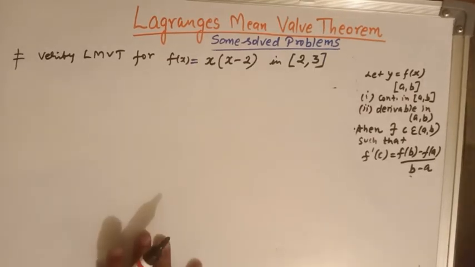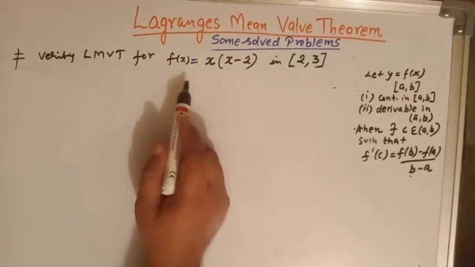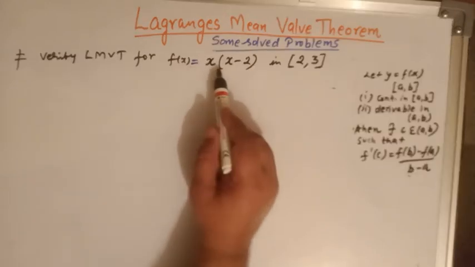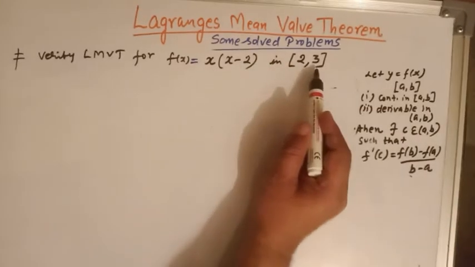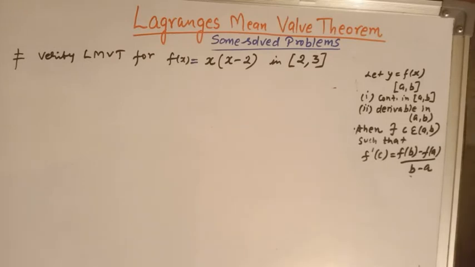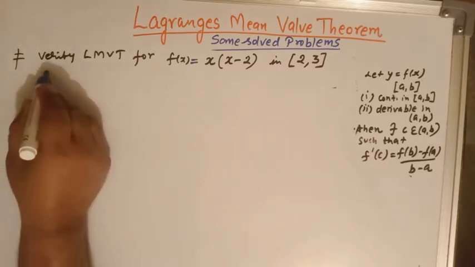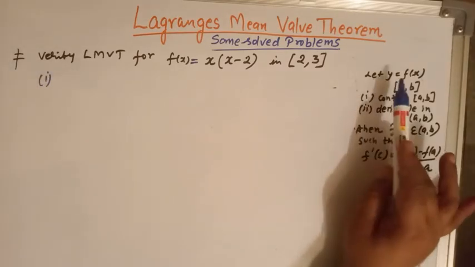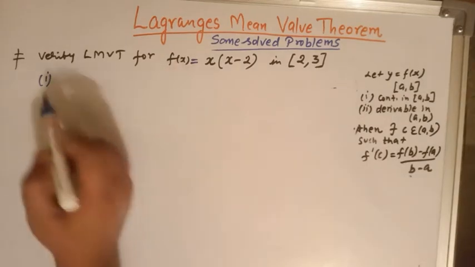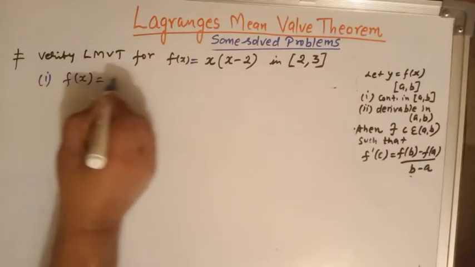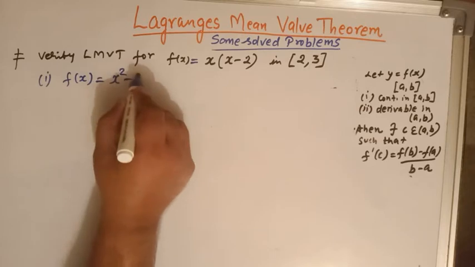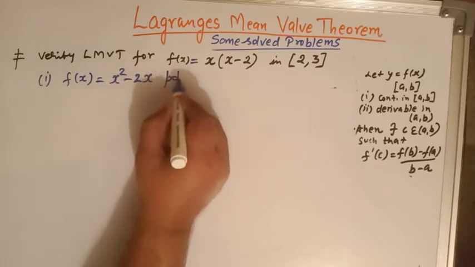Now viewers, we have this problem here. We have f(x) equal to x times (x minus 2), and the given interval is 2 comma 3. Clear? So let us verify the mean value theorem. So here we see that f(x) is x square minus 2x, and it is a polynomial function.